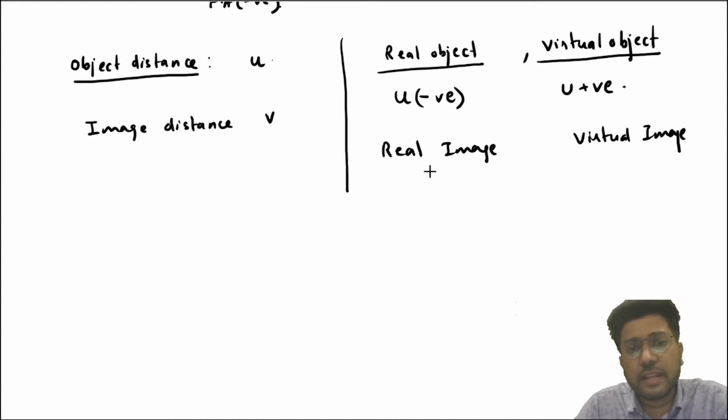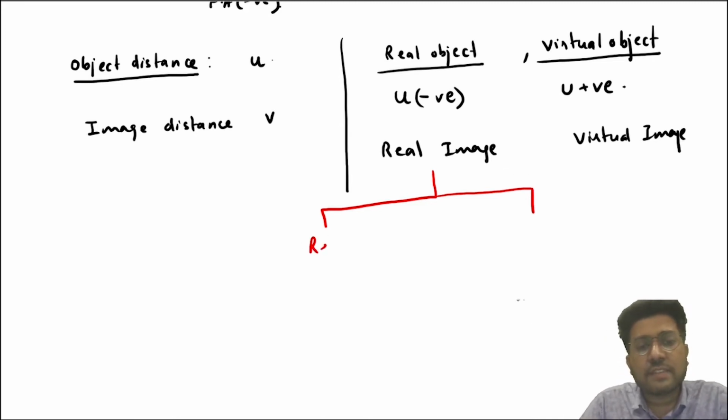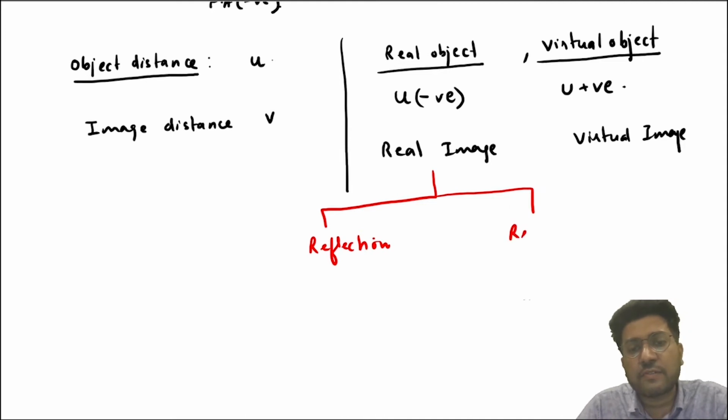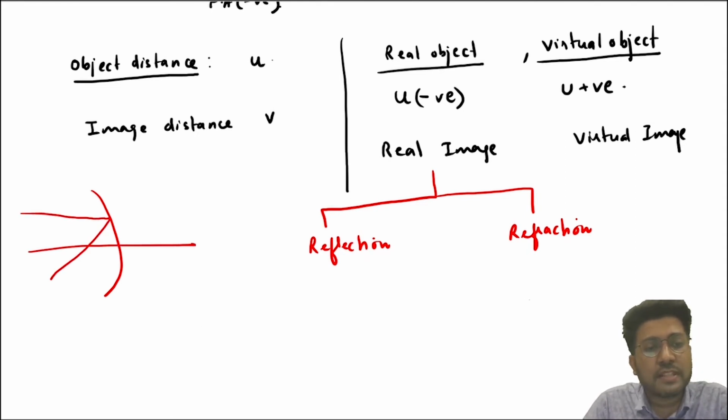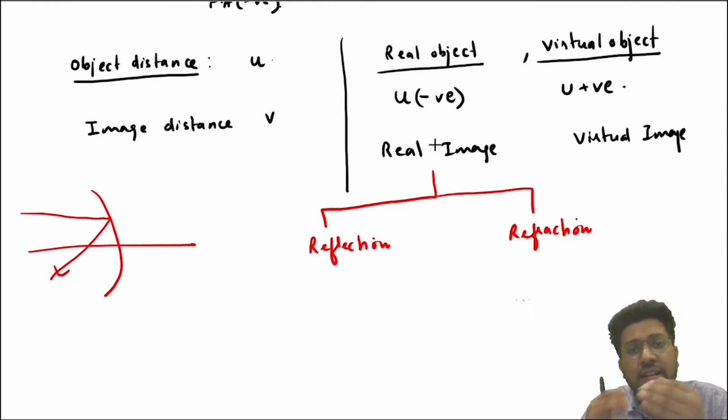Listen carefully, because there can be reflection as well as refraction. So first I will write for reflection and then for refraction. Now you know that in case of reflection, light comes back to the same medium. So image means what? Intersection of reflected rays. Now if there is actual intersection, only then real image can be formed, right?